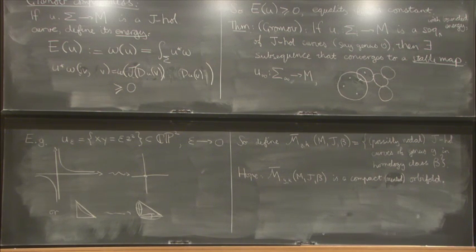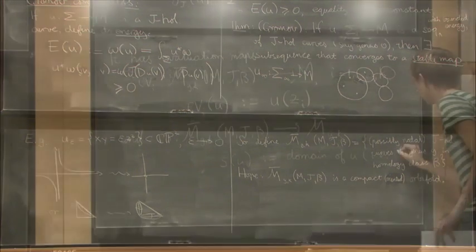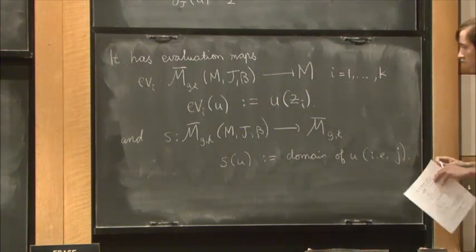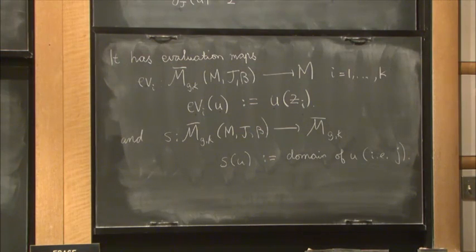We also have a map which just remembers the domain of our curve. Actually, it's the stable part of the domain.